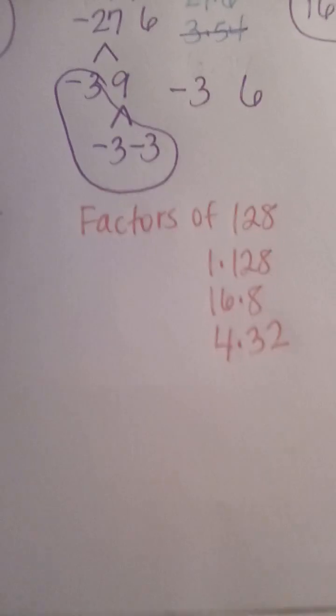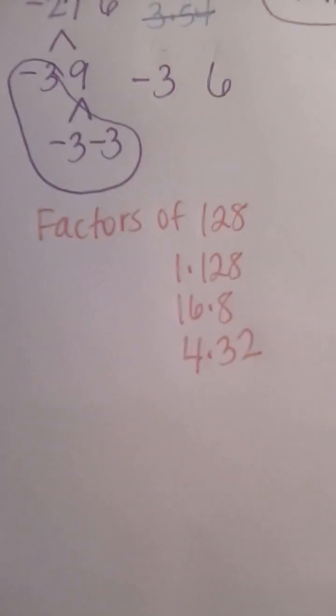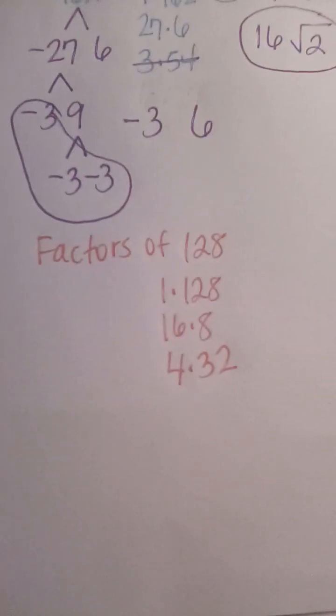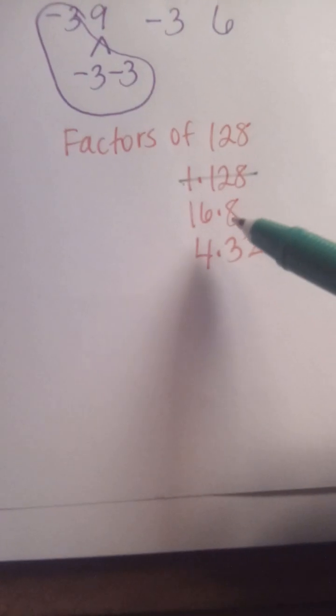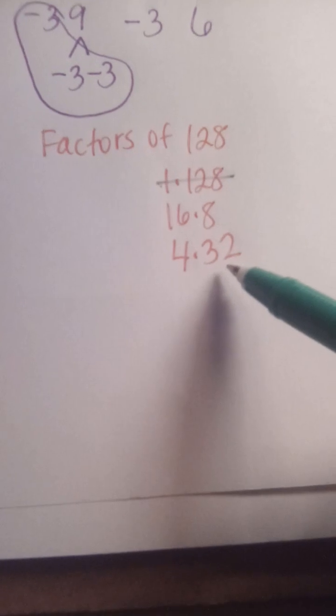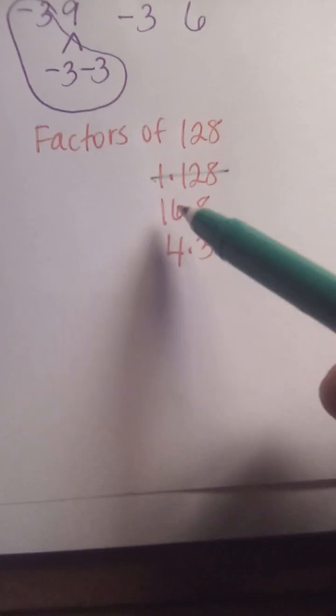We got factors 1 times 128, 16 times 8, and 4 times 32. First thing right off the bat, we can eliminate 1 times 128. That's too big. Can we use 16 and 8? Yes. Can we use 4 and 32? It's going to be a little longer, but let's try this one with a square root inside. Okay?